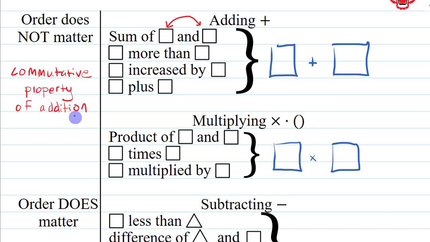It's the same rule, commutative property, but instead of addition, you can change it down here to, this is what we like to do in mathematics when we're lazy, you say everything above of multiplication. So it's the commutative property of multiplication. You can switch them. It's okay. So the product of something and something, something times something, something multiplied by something, all of those mean multiply.